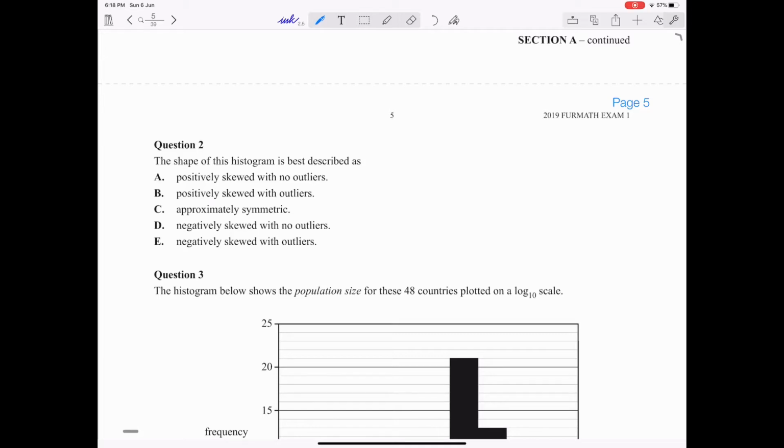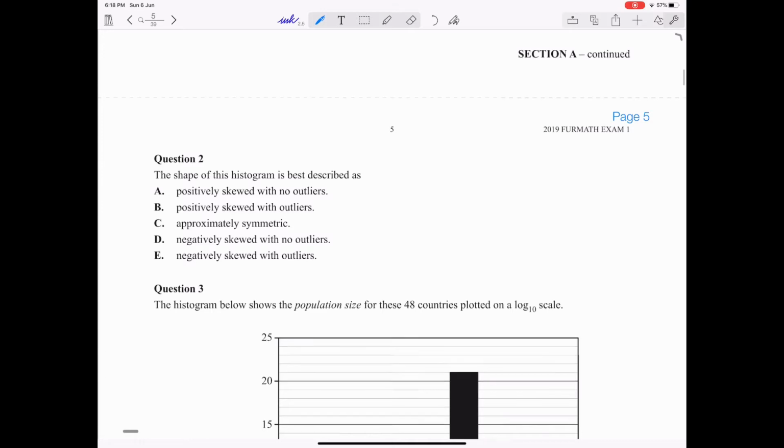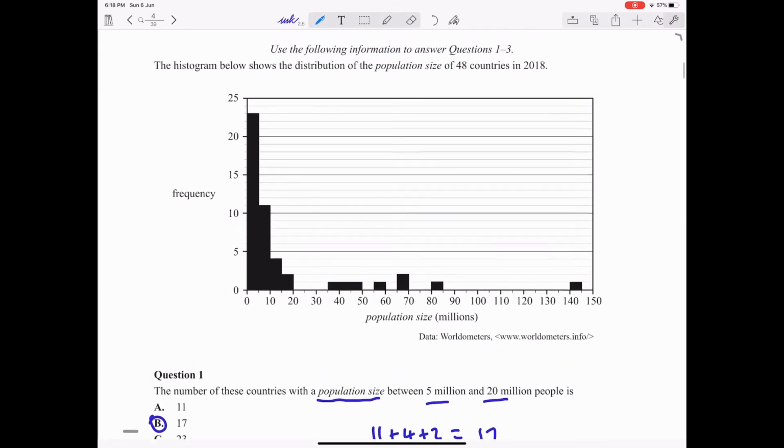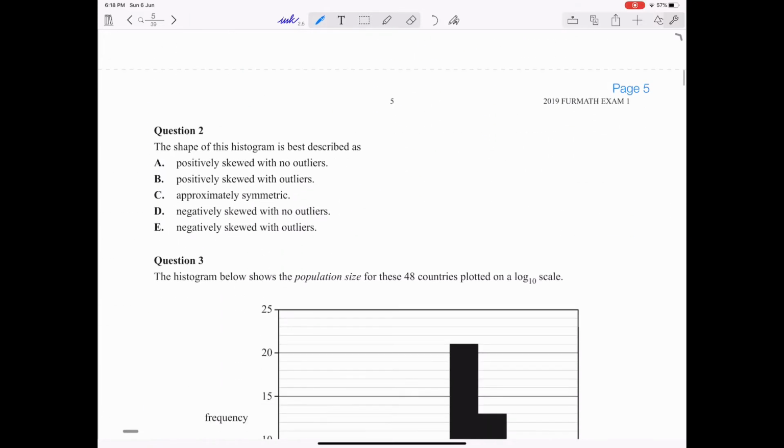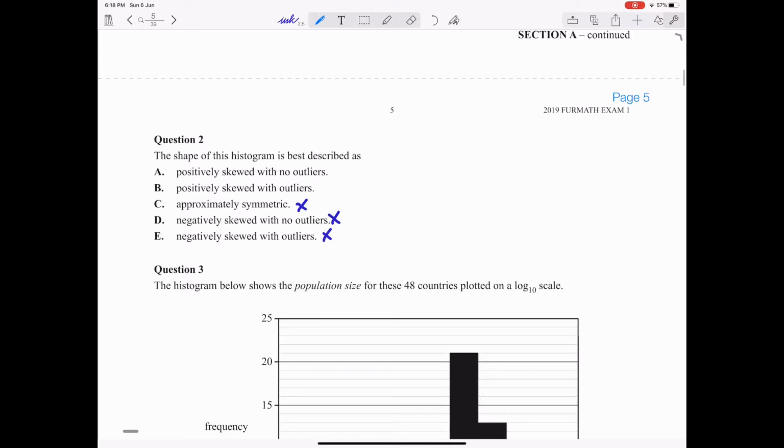Question 2. The shape of this histogram is best described as... So let's refer to question number 1, the histogram over here. Definitely the histogram is positively skewed, as we can see. So instantly we could get rid of these three options, because we know it has to be positively skewed.